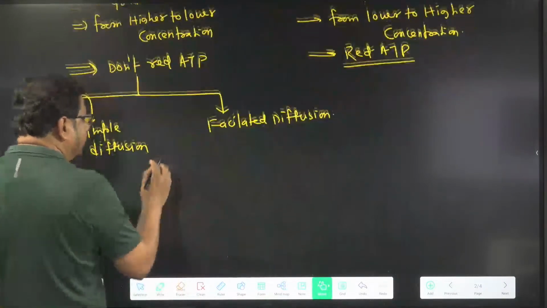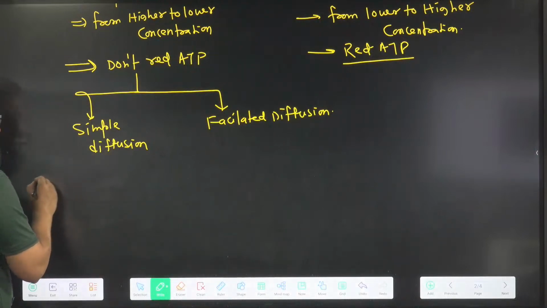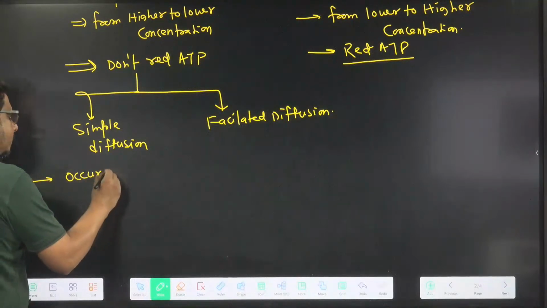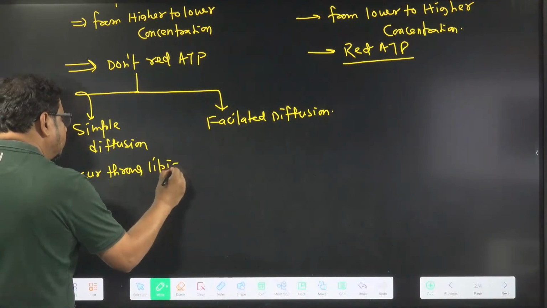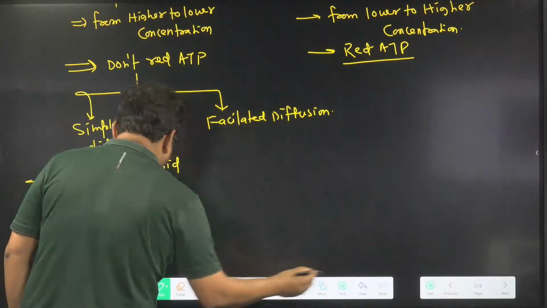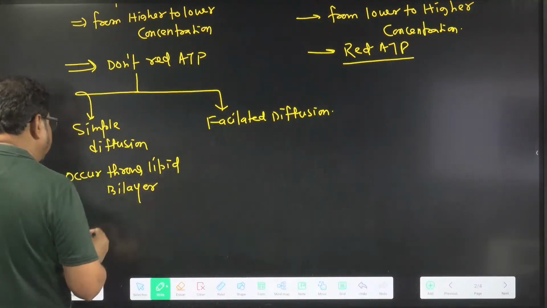So try to understand simple diffusion. Simple diffusion occurs through the lipid bilayer of the plasma membrane.